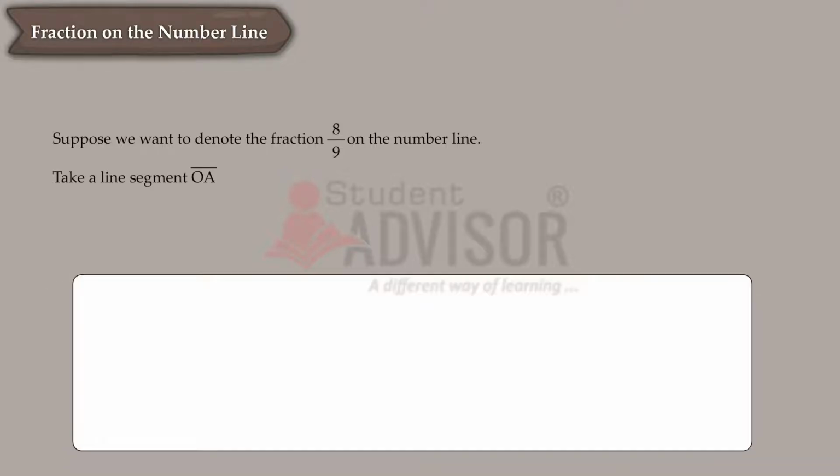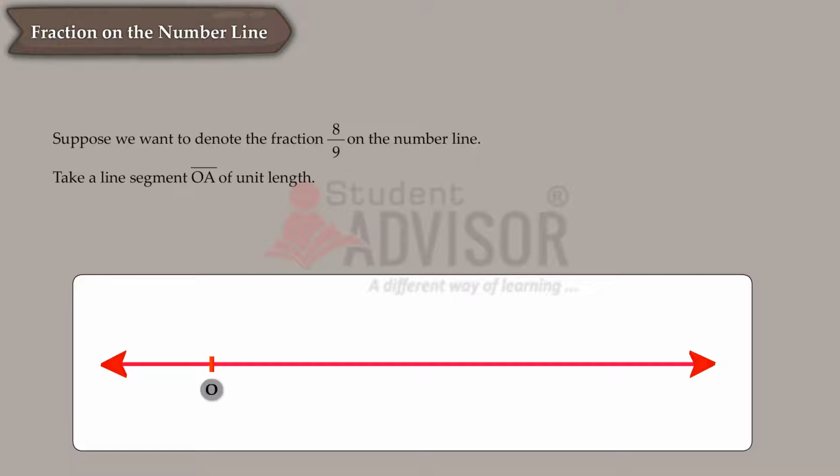Fraction on the number line. Suppose we want to denote the fraction 8 by 9 on the number line. Take a line segment OA bar of unit length. Divide OA into 9 equal parts: first part, second part, third part, fourth part, fifth part, sixth part, seventh part, eighth part, ninth part.